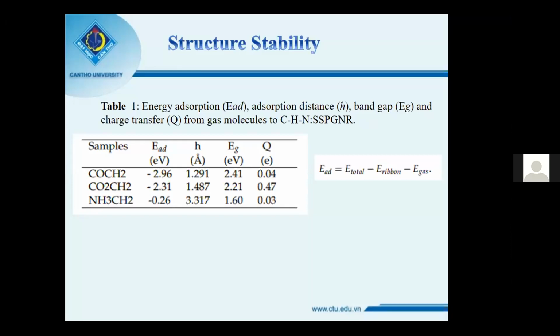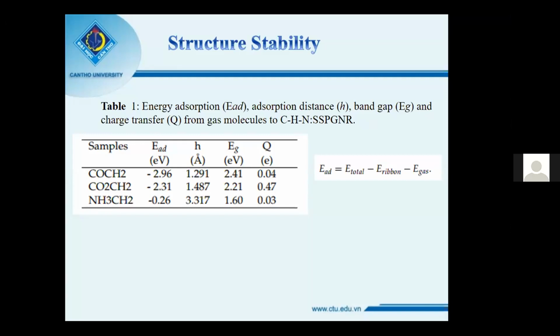In the absorption case, the nucleus S atom of pseudospectral nanoribbons doped with nitrogen tends to bond with the carbon atoms rather than nitrogen atoms.